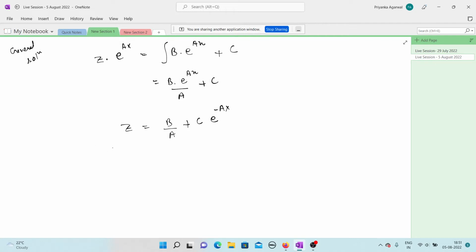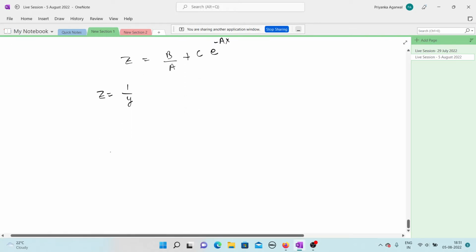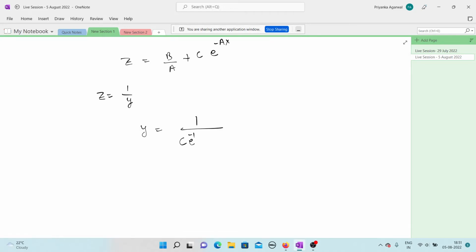So now what is z? z is 1 by y. Therefore, y can be written as 1 over c e to the power minus ax plus b by a. So this will be the solution of this particular equation.